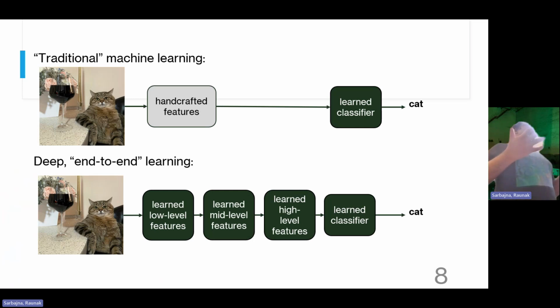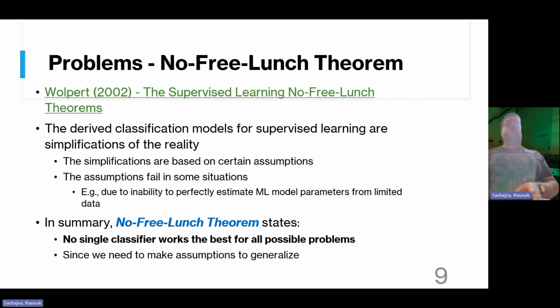Obviously the biggest problem we have is called the no free lunch theorem. It came originally from statistical classifiers and supervised learning. It means that one model cannot classify every single problem in this space.